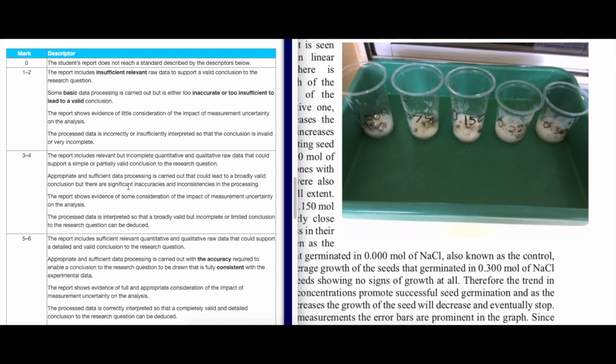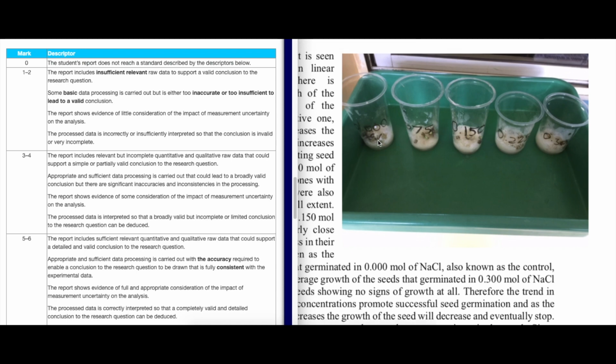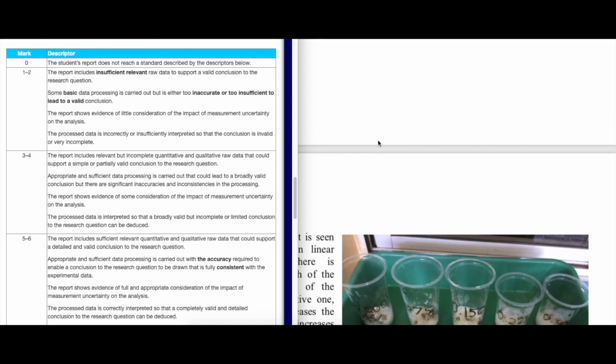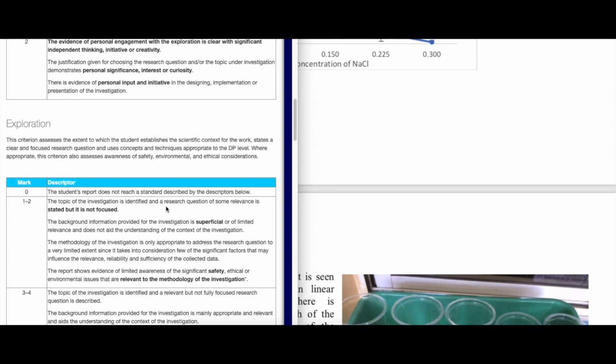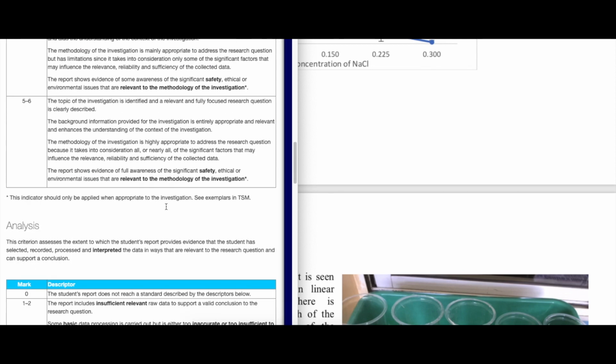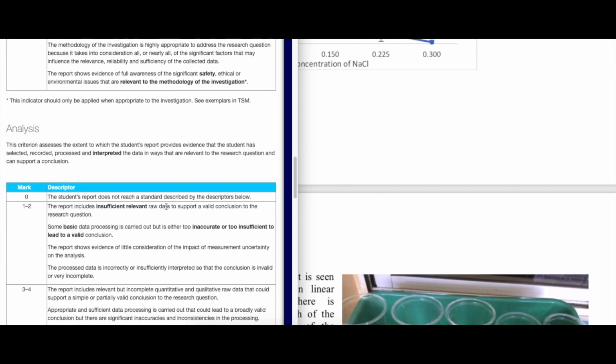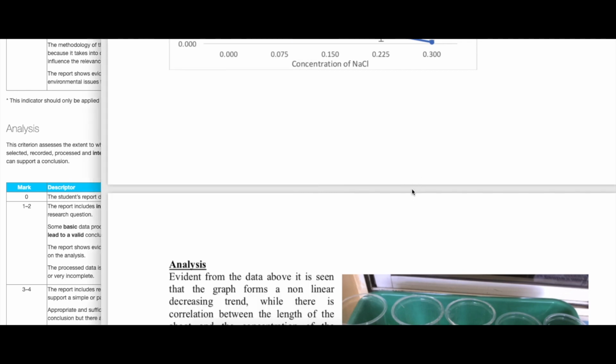And in my opinion, this has to be a 3 because it's a fairly simple investigation. The student really doesn't explain the purpose of the error bar. There's quite a bit that says it belongs in here, but it doesn't deserve a 4. So a 3 for this as well: a 1 to start with, a 3 for exploration, a 3 for analysis. Moving down the report.